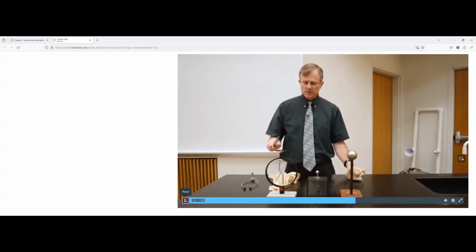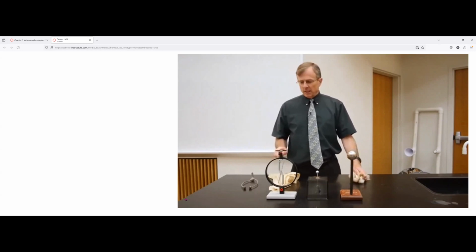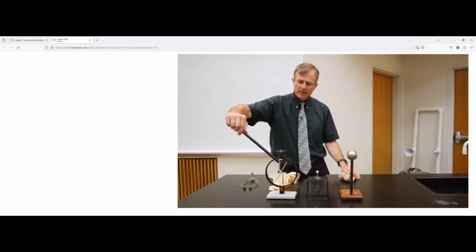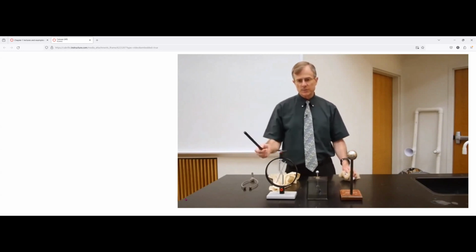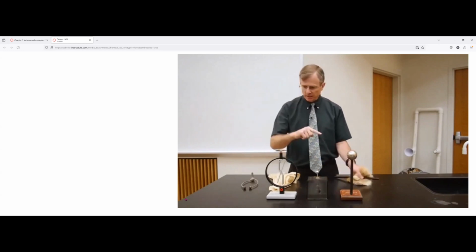And basically, this is doing the same thing that the two pieces of aluminum foil were doing. But in this case, you have a piece of metal here and metal here, both with the same charge repelling each other and causing the needle to shift.